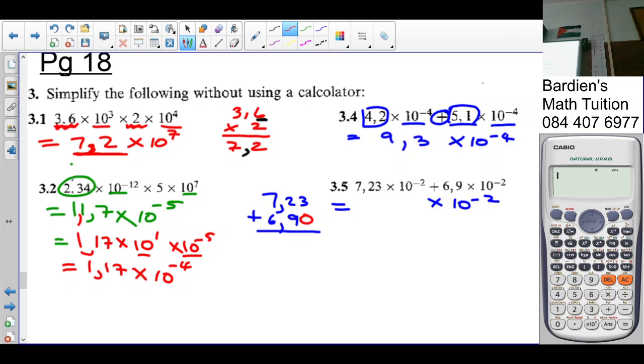I can put a 0, or in my mind, I can add a 0. So 3 plus 0 is 3. 2 plus 9 is 11, carry 1. 7 plus 6 is 13, plus 1 is 14. And in line with that comma, it will be 14,13.